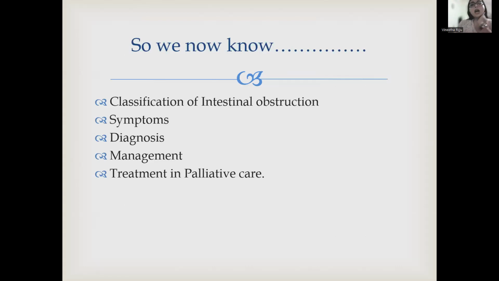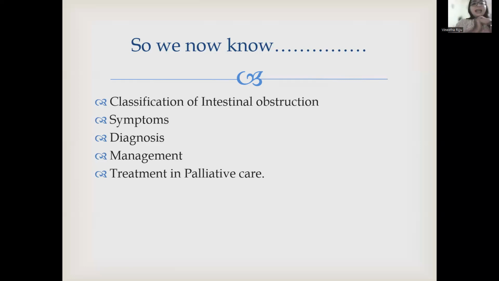So as of now, we know how to classify intestinal obstruction. What are the symptoms that your patient could come to you complaining of, which can give you the hint that this is bowel obstruction that you are looking at, and also how to diagnose bowel obstruction without any frills of radiological investigation, at least to a point.